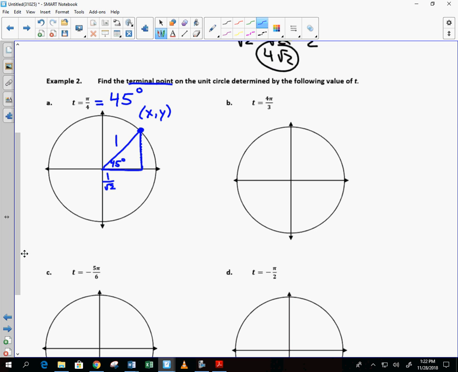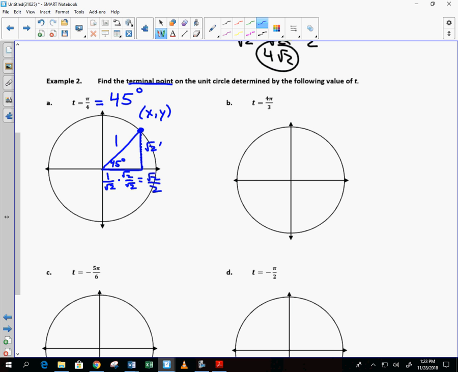Can I have a square root in the denominator? No. So what do? Multiply by square root of 2. And we get root of 2 over 2. So that's this length. What is then this length? Root of 2 over 2.